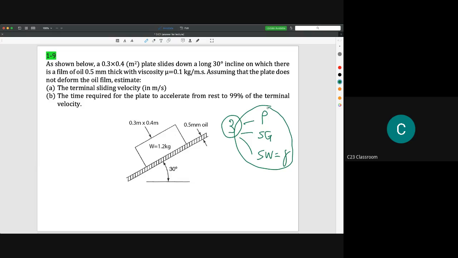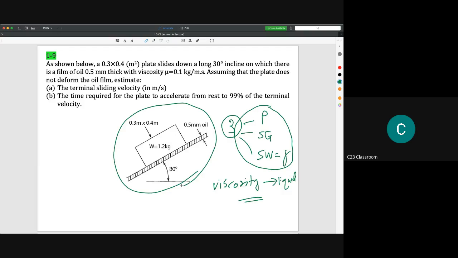But another property, the viscosity, only occurs for liquid. One of the common applications using viscosity is something like this. We have a sliding plane like this, and then a cube with certain weight, and we give it a thickness of liquid here.